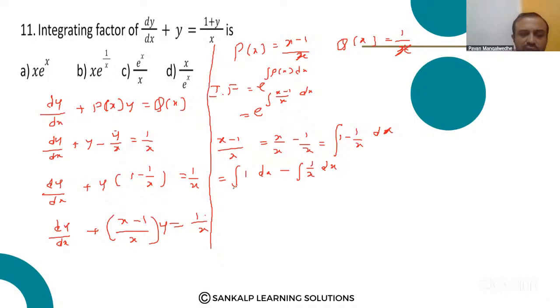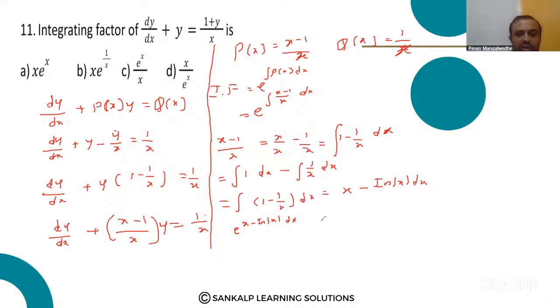So the integration of 1 is x, minus the integration of 1 by x, which is log of mod x. So this is e raised to x minus integral of 1 by x dx. So this is the answer.